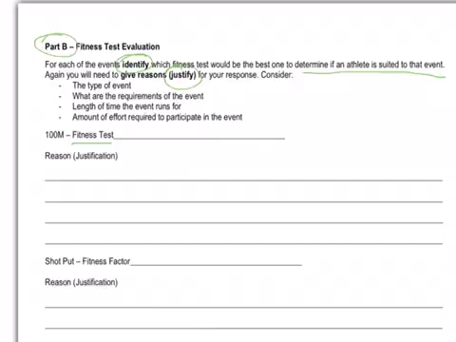So if you've chosen for the 100 metre and you think that speed is the fitness factor you're going to pick, you put in speed and what is the test, okay? So what did we do? And in that instance, we did the 30 metre sprint test, okay? So we timed ourselves running over 30 metres. How fast could you cover that 30 metres?